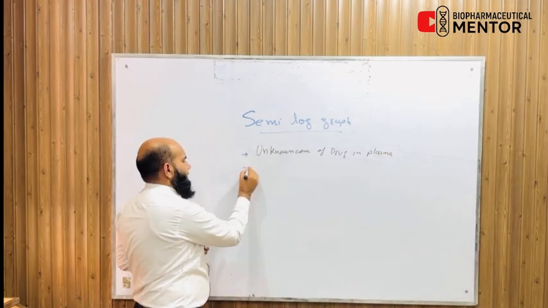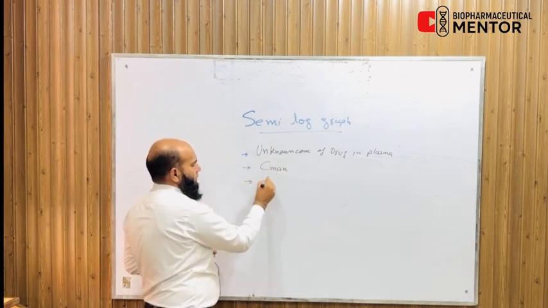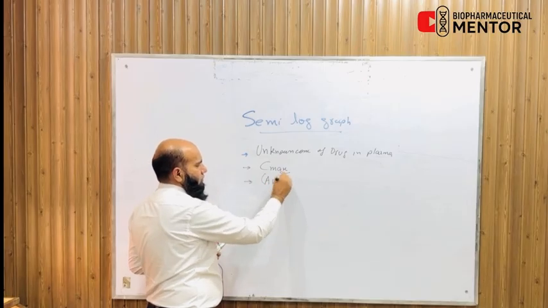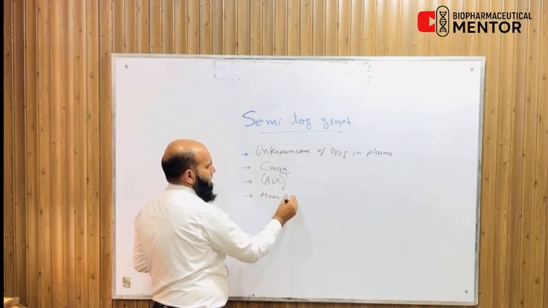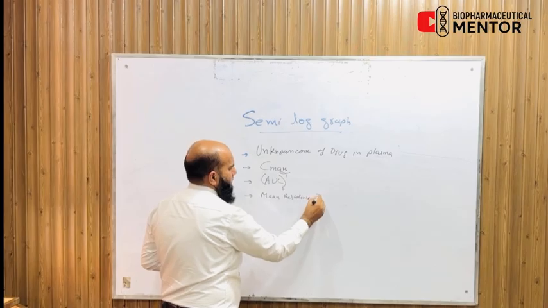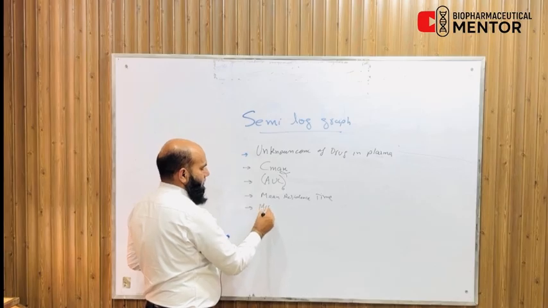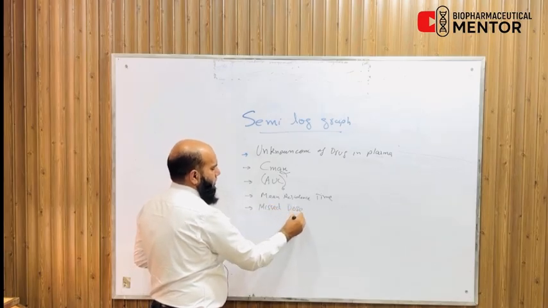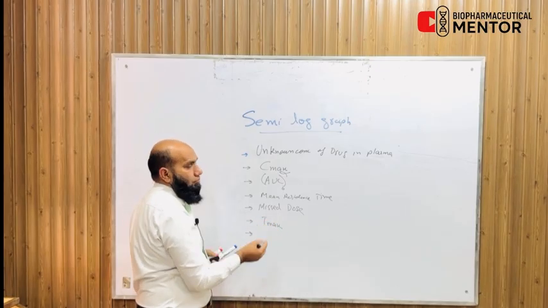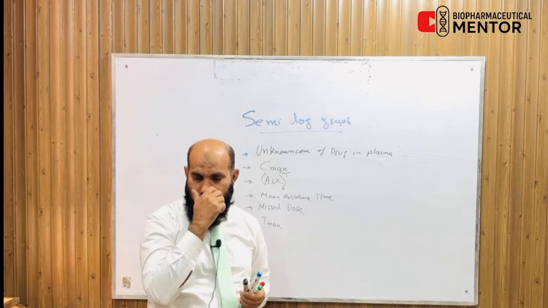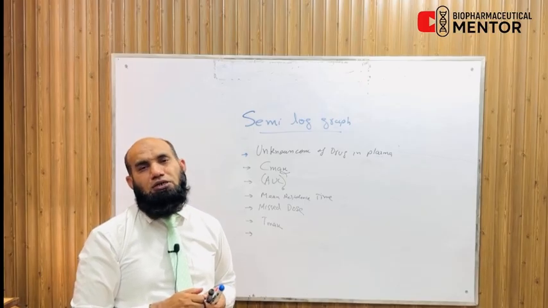If we want to check the maximum concentration of drug, the area under the curve of the drug, the mean residence time, if we want to calculate missed dose, and if we want to check Tmax and other pharmacokinetic parameters, for example, bioavailability and bioequivalence, for all these parameters we have to construct a semi-log graph.